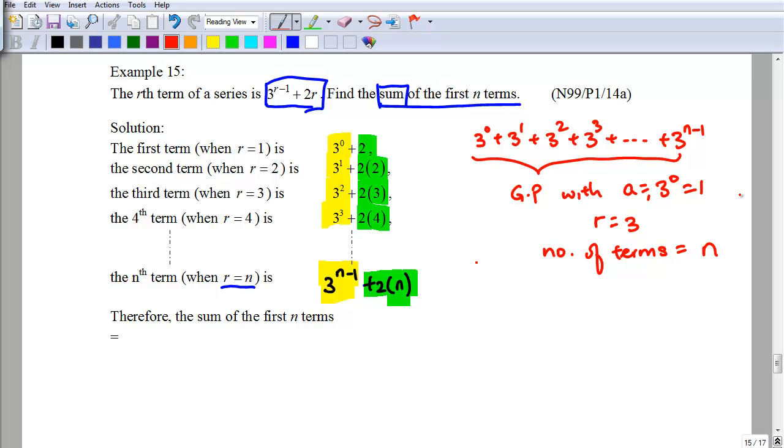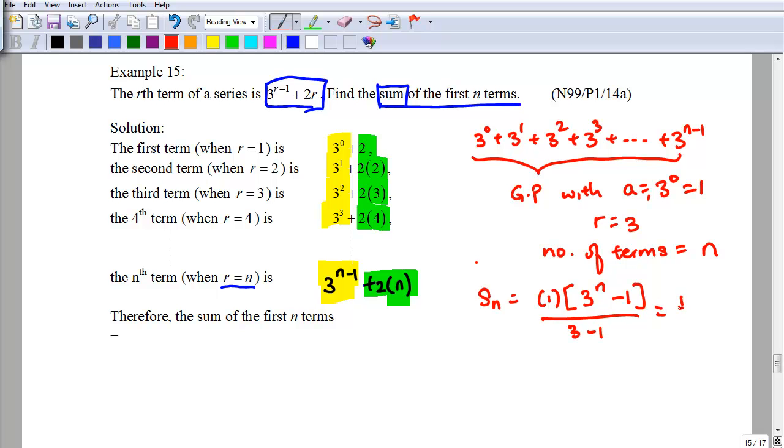Okay, so when we add up all the terms highlighted in yellow, the sum of the first n terms will be a times r power n minus 1 over r minus 1.